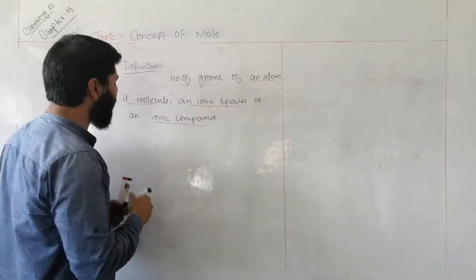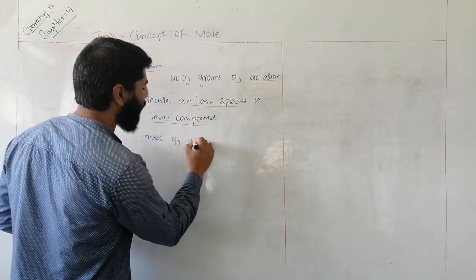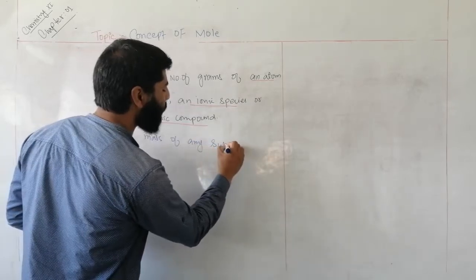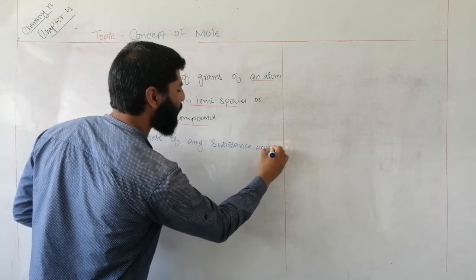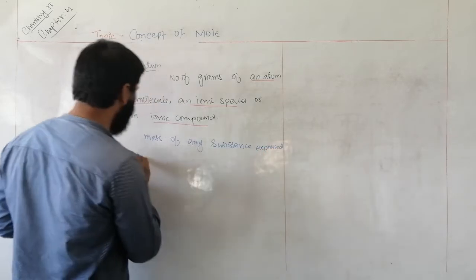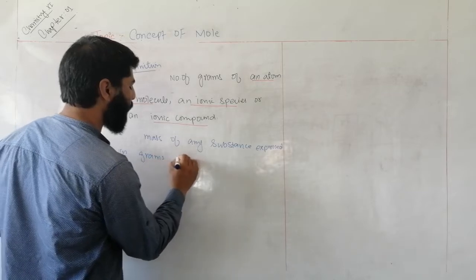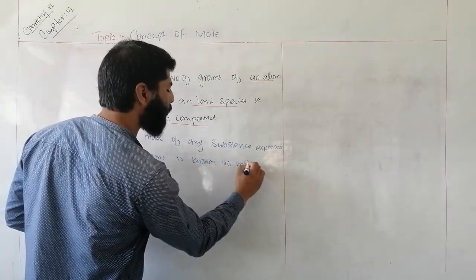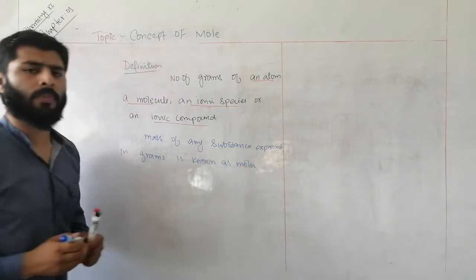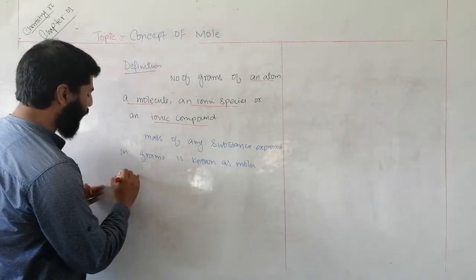So we can say that mass of any substance expressed in grams is known as moles. For example, you have a hydrogen atom.